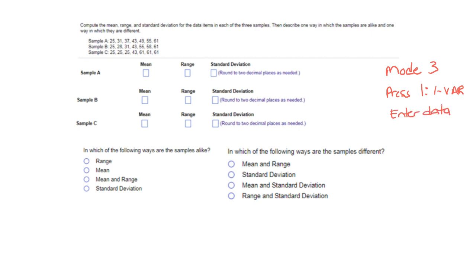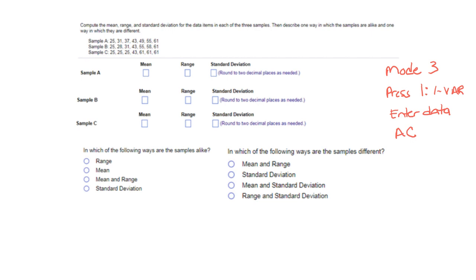So after you place in a value, press your equal sign. It'll drop down to the next slot for the next number. Go ahead and enter all of your values in there. And then after the last value, and you have entered that, you're going to press AC. AC is real important because it saves your data set.